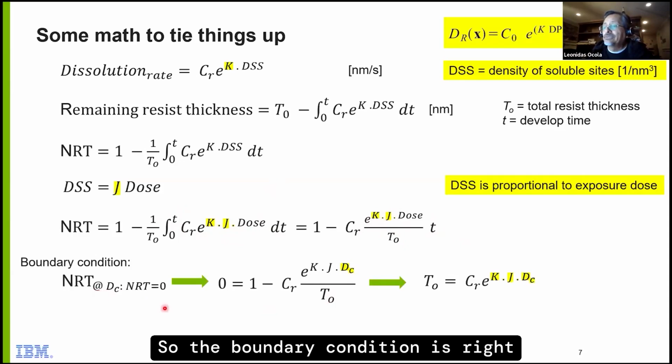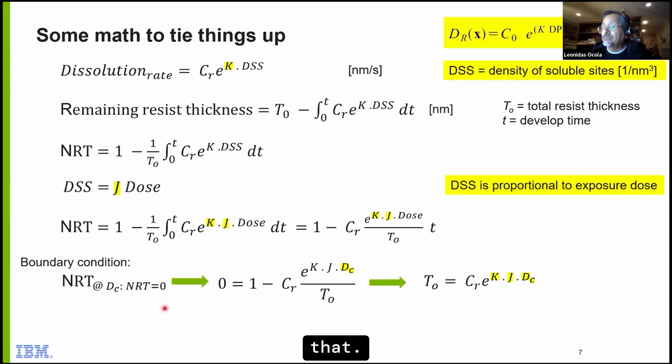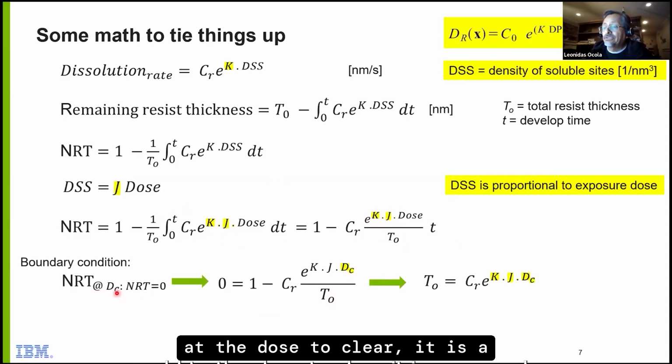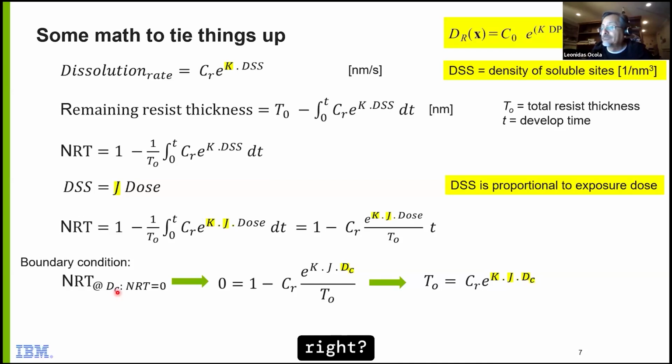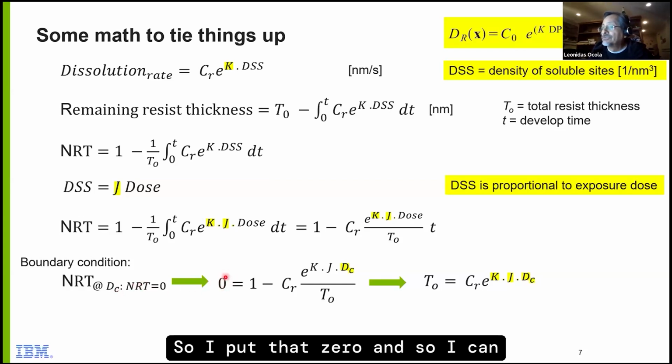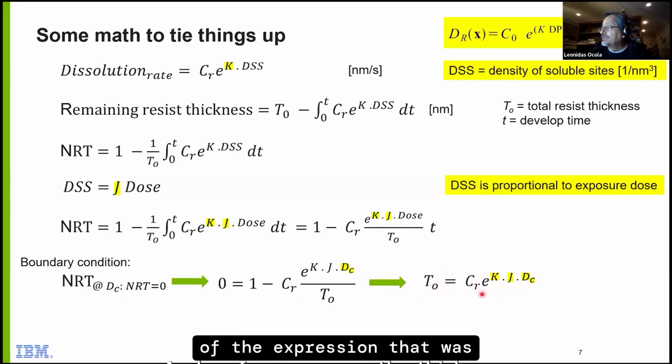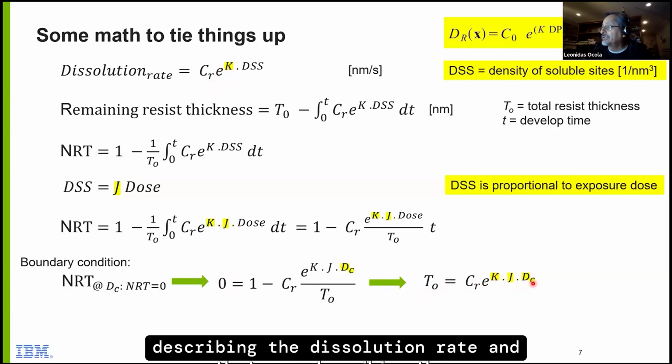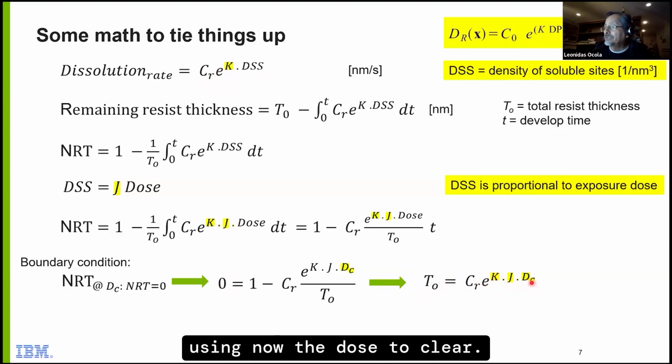So the boundary condition is that at the dose to clear, and this is a positive resist or even a negative, so that particular dose where things show up, the thickness is 0, right? So I have a boundary condition. So I put that 0, and so I can express the thickness as a function of the expression that was describing the dissolution rate and using now the dose to clear.